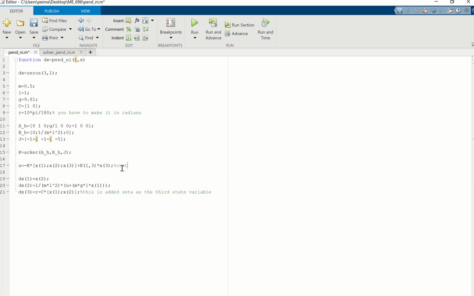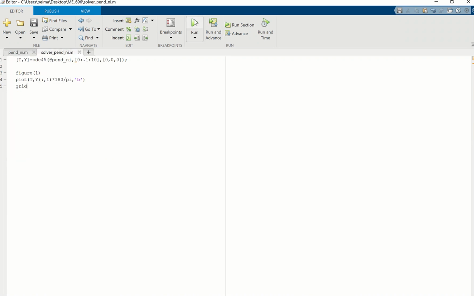And this is the control input, right? And this is the gain matrix, and desirable poles or eigenvalues to yield an underdamped inverted pendulum. Okay. Now let me run and see what we get.